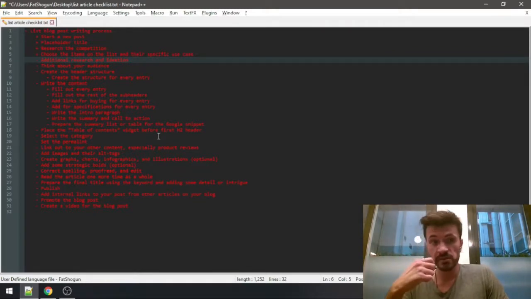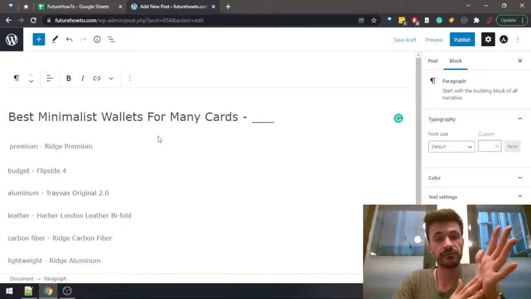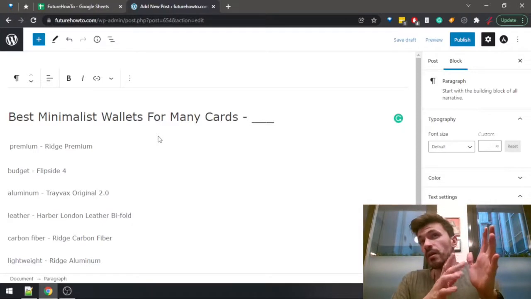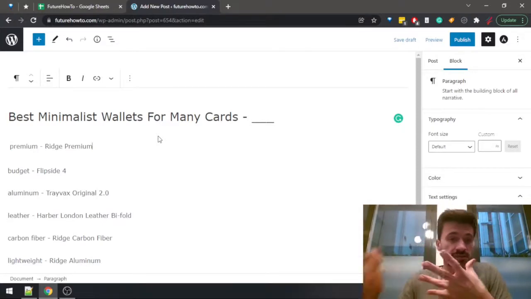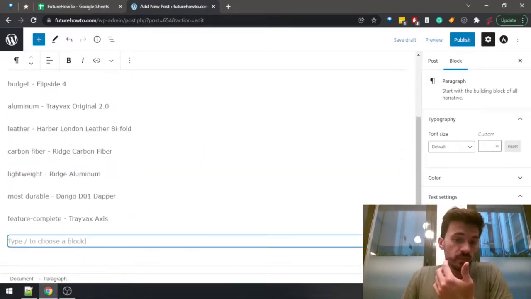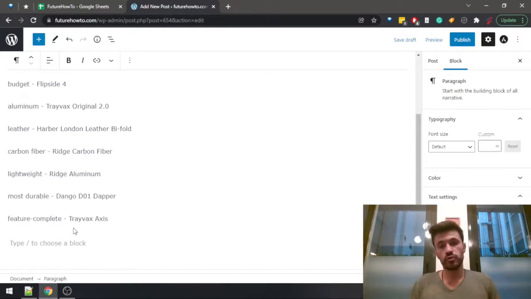So what do I mean by this? Let's think about this for a second. We're writing about the best minimalist wallets for many cards. Obviously, there are going to be some questions, some sections that are simply related to the entire concept of what we're trying to do here.